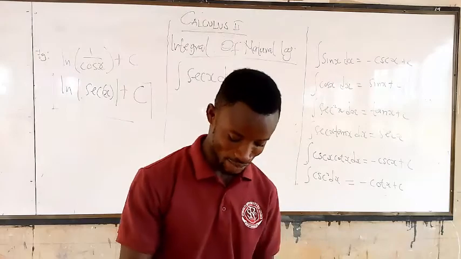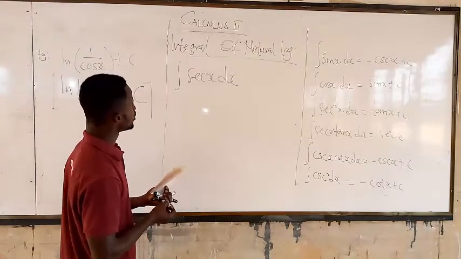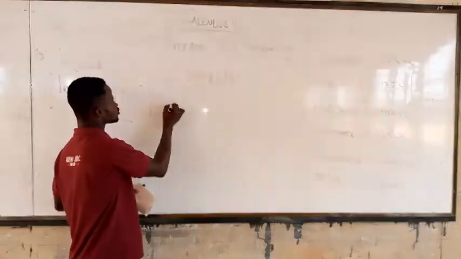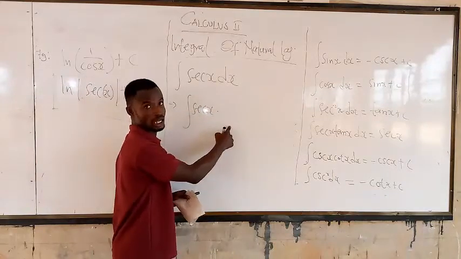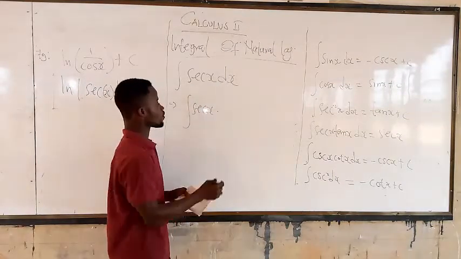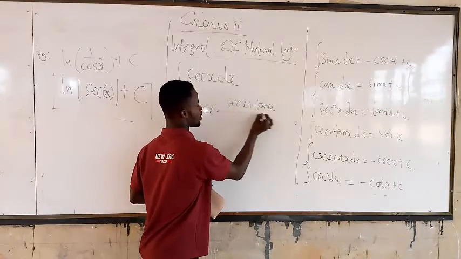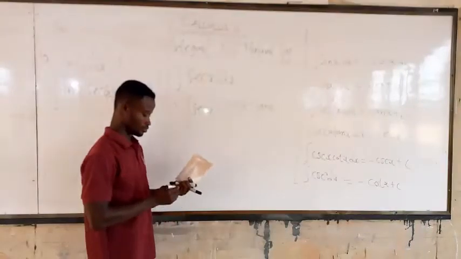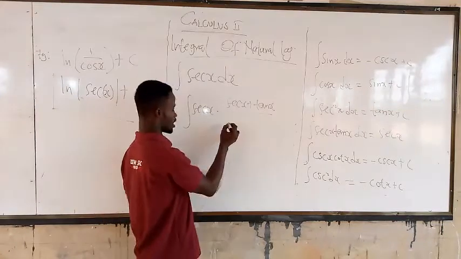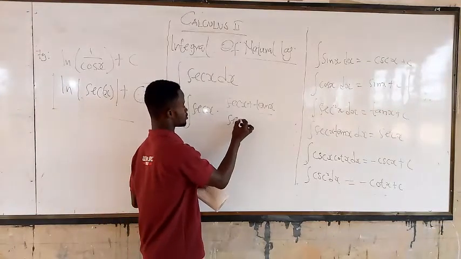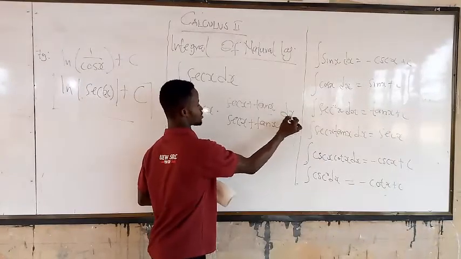We are going to do something, and you will learn it. Now, having this, I would like to multiply this sec s by 1. But I want the 1 to be sec s plus tan s, all over sec s plus tan s, ds.